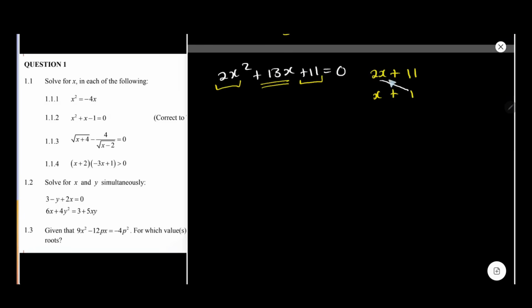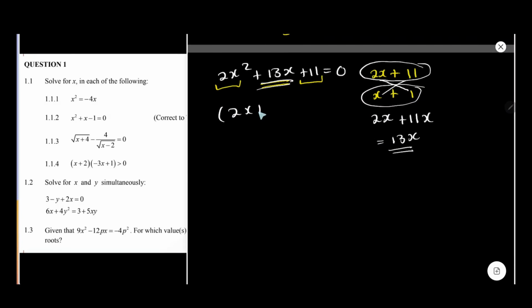So 2x multiplied by 1 gives you 2x, and x multiplied by 11 gives you a positive 11x. That gives you 13x. As long as you get the middle term, then you know that these factors are correct. So we have 2x plus 11 and x plus 1 is equal to 0.